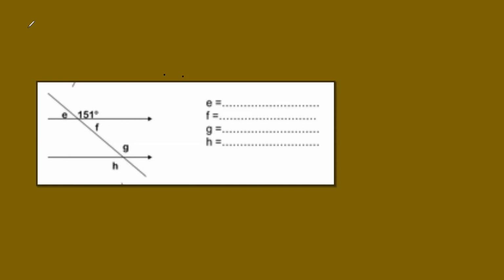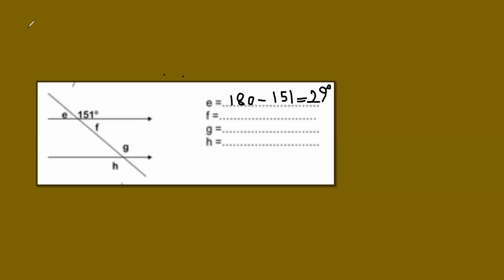So again, E equals 180 minus 151, which equals 29. Use your calculator to figure it out. It is 29 degrees. What about F?